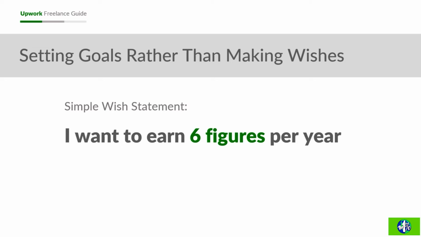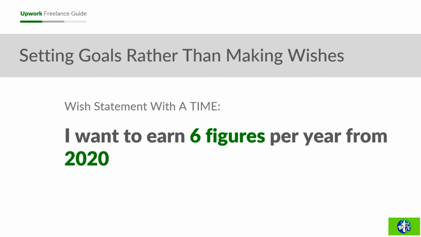It will not give you any direction on how you can achieve this, right? Let's add a real factor, time, to this statement. It will now become: I want to earn six figures per year from 2020. You see, you now have a certain time period to make this happen.